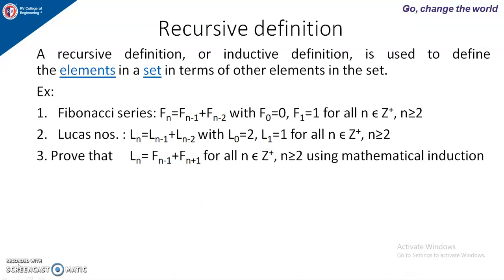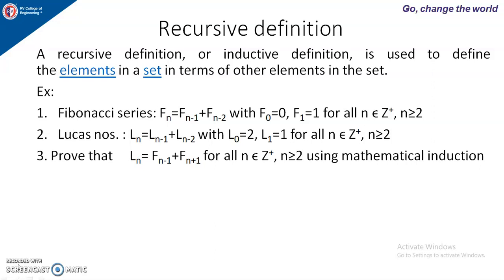Recursive definition or inductive definition is used to define the elements in a set in terms of other elements in the set. Example, the Fibonacci series is given by Fn = Fn−1 + Fn−2 with F0 = 0, F1 = 1 for all n belongs to Z+, n ≥ 2.